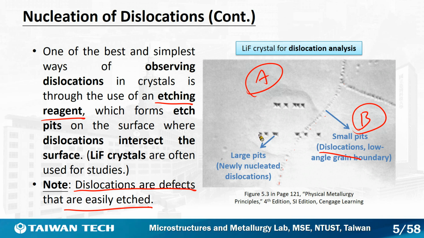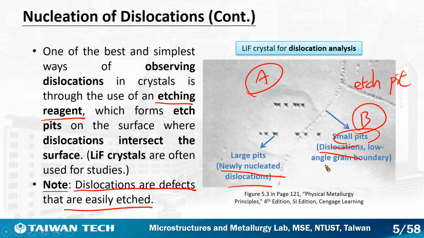Okay, and also we can see here, this is a small pit. We call it etch pits or etching pits. This is a large pit, so it will be formed as newly nucleated dislocations. And these ones could be known as the dislocations with low angle grain boundary.